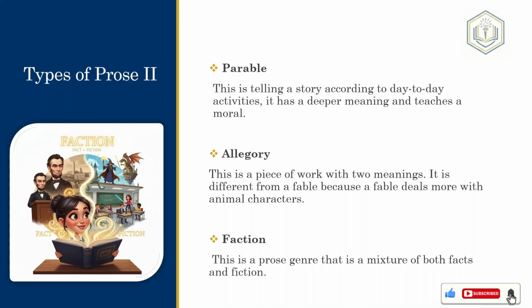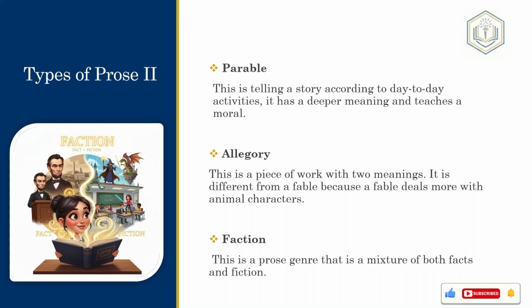All fables are allegories in the sense that a fable has two meanings, like we established before. There's a deeper meaning and there is a surface meaning. So all fables are what? Allegories, but not all allegories are fables, in the sense that an allegory can be an allegory without having animal characters. So that's what an allegory is.